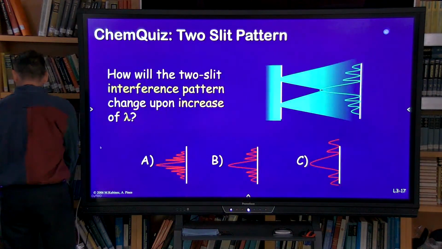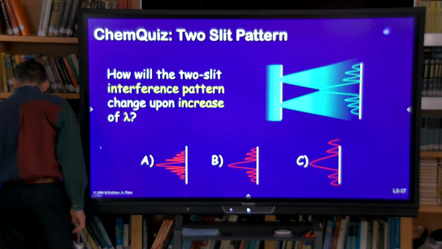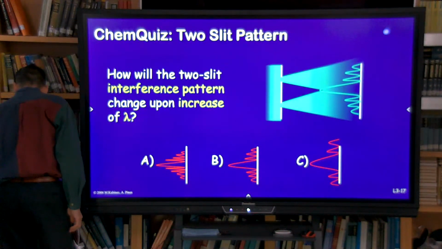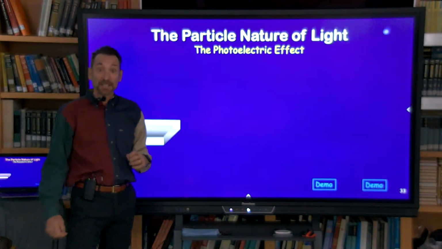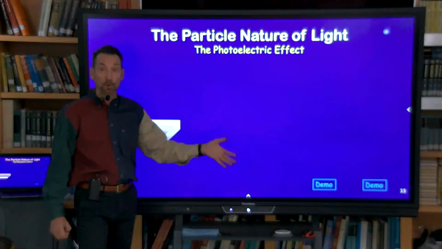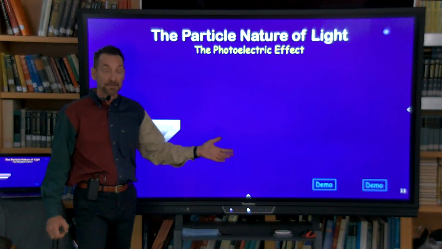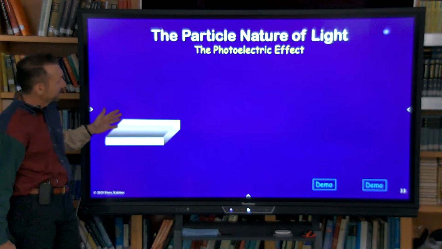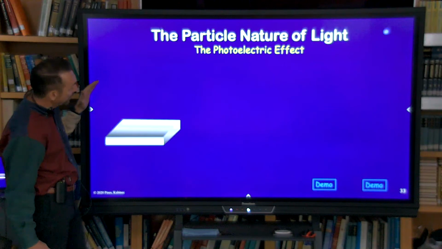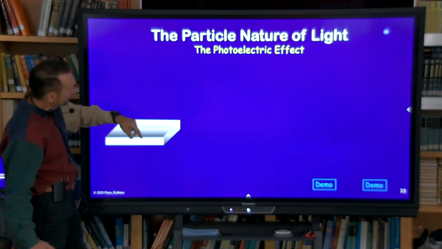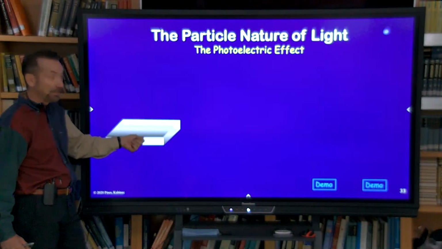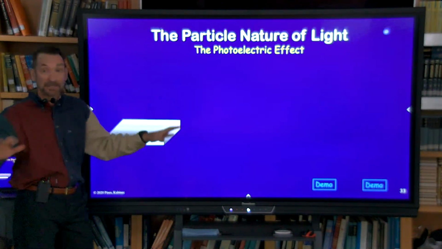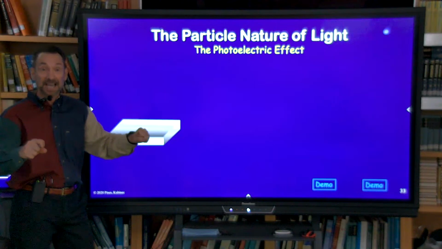So let's go to where we left off last time, which was here. And we were going to look at that particulate nature of light a little more carefully. So what we have is the situation where electromagnetic waves are striking a metal. And on a metal, there are electrons, and we know they're relatively loosely attached to their atoms.